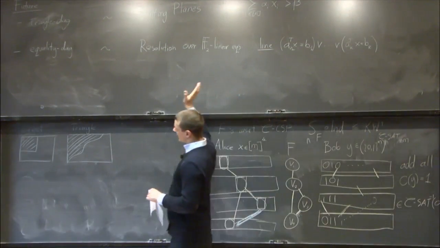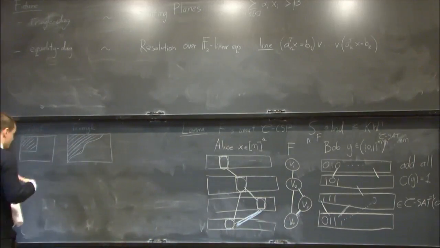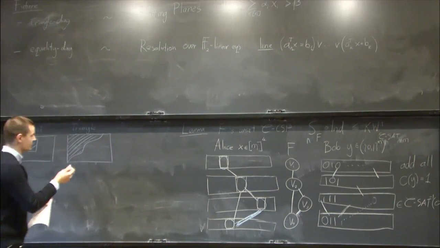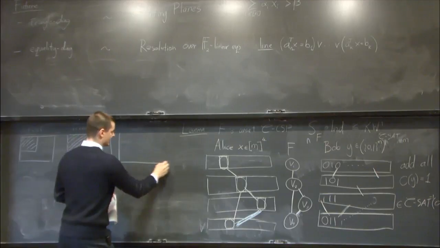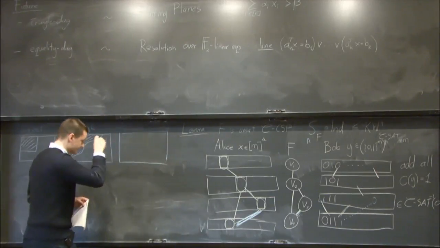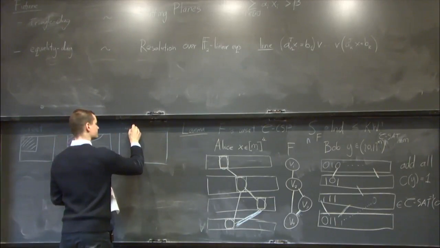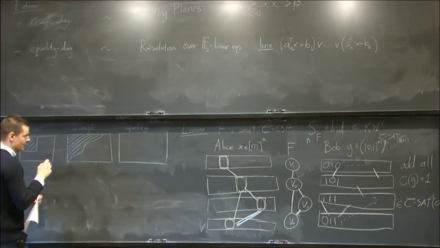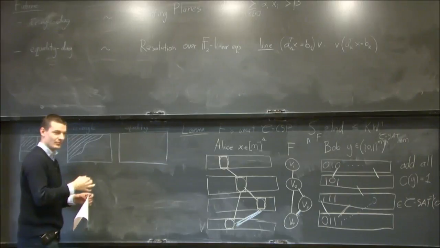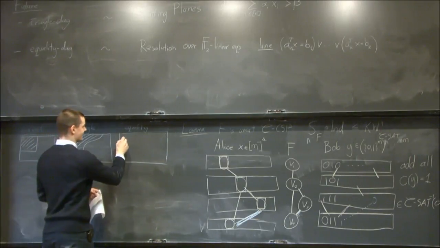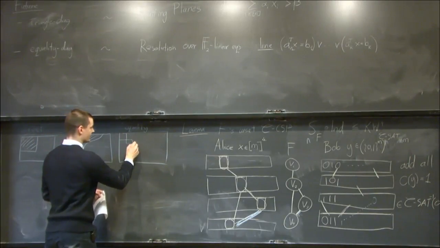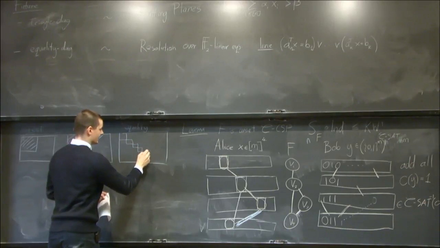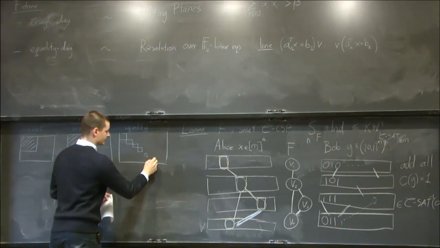And the appropriate communication picture here, what I call an equality DAG, is a set of feasible sets like this. So they are kind of block diagonal matrices. So you have a bunch of rectangles, and they lie along the diagonal.